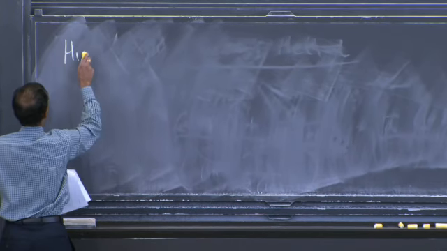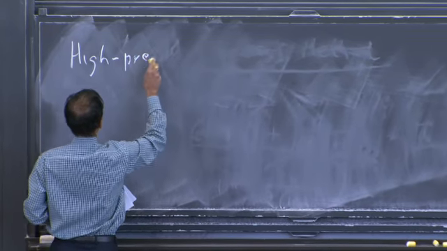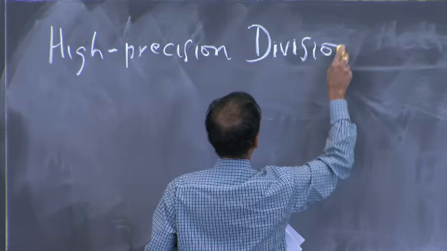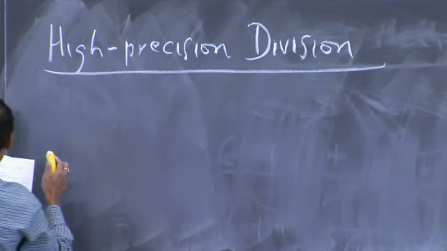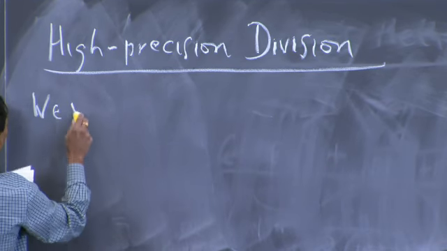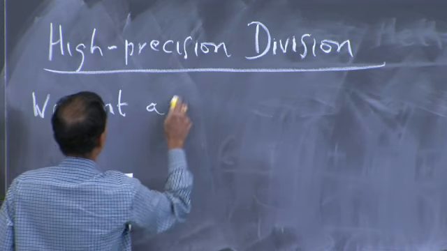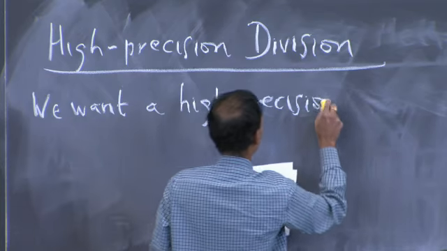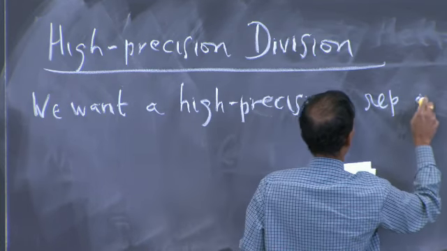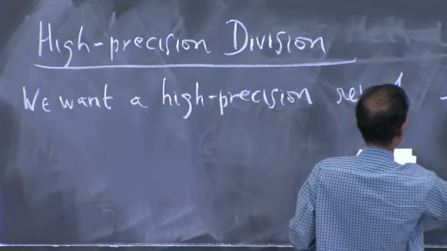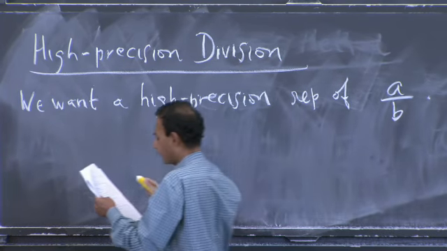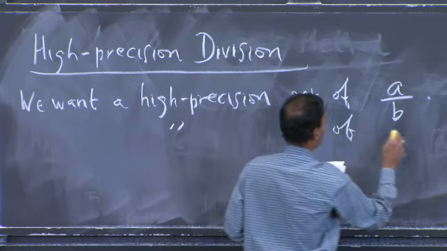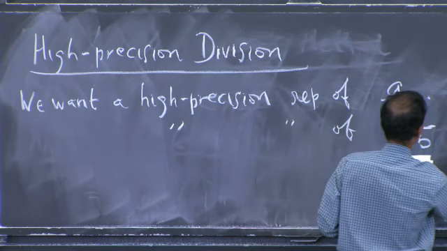So finally, high precision division. So we want a high precision representation of A divided by B, and we're going to compute a high precision representation of 1 divided by B first.